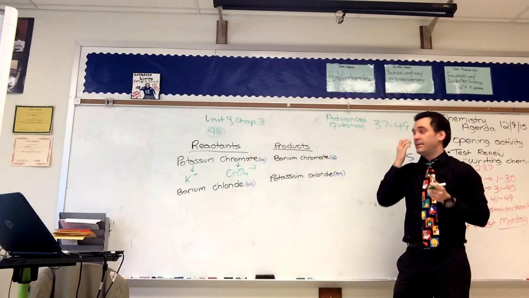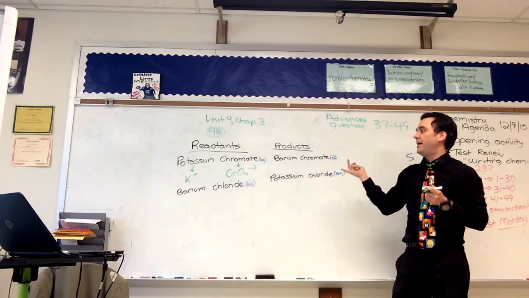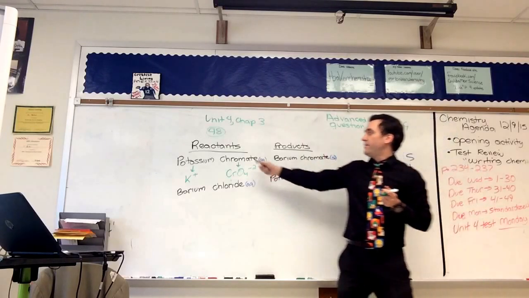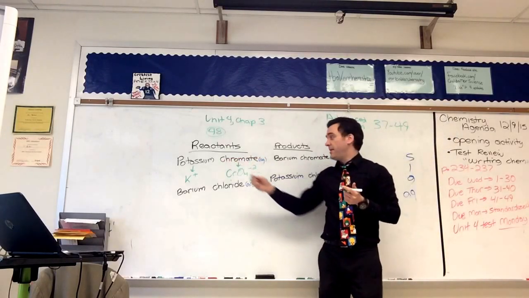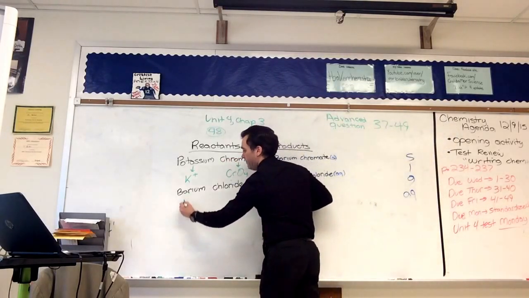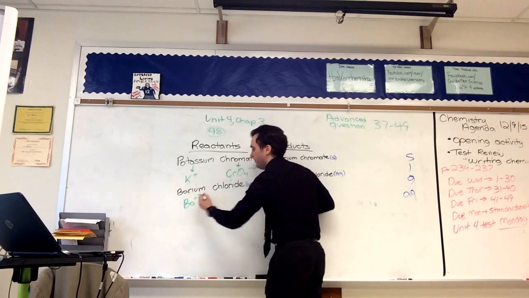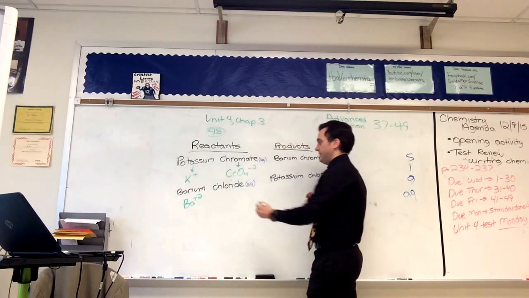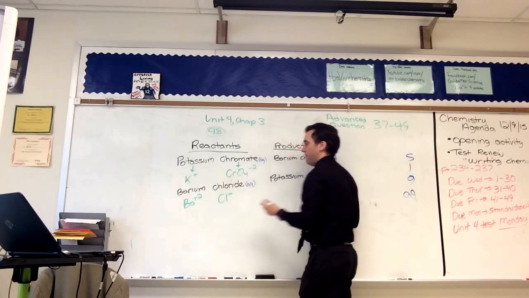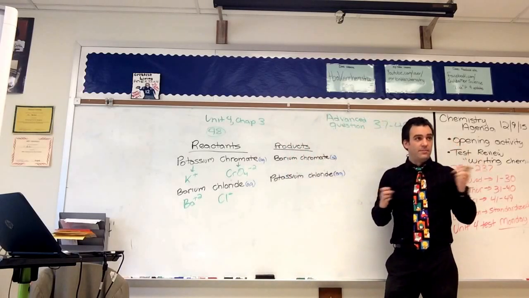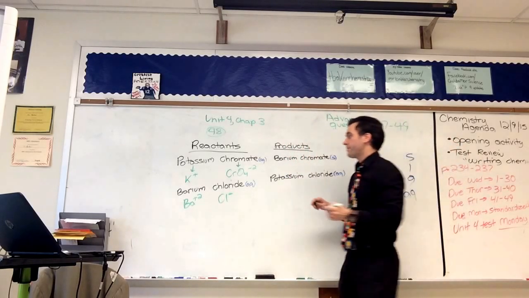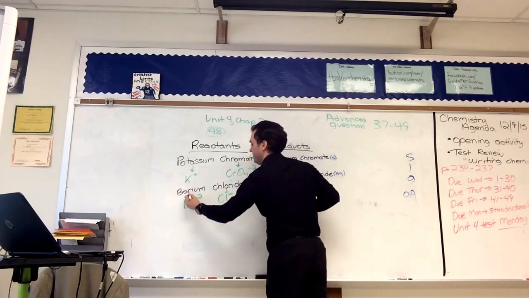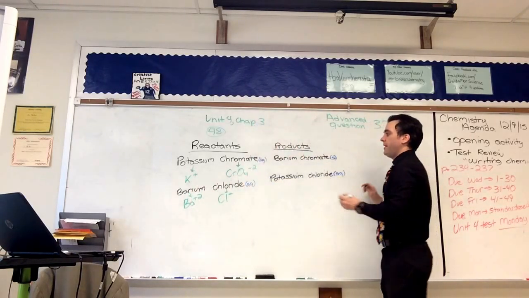So if it's not one of the atoms, it has to be a polyatomic. So barium, Ba plus 2. Chloride is Cl minus, right? So you're following me in that? All this. All right, barium chromate.